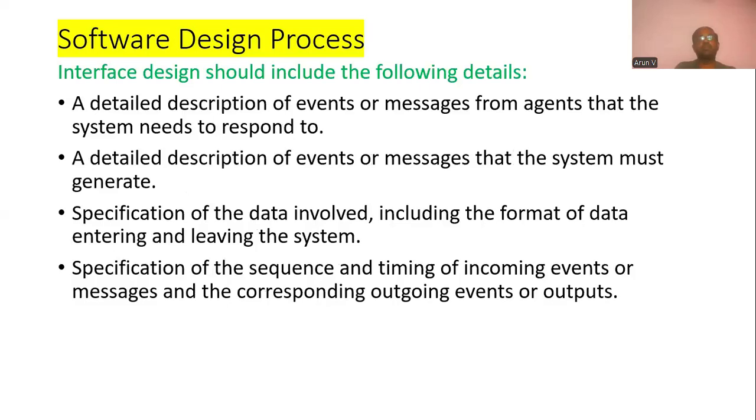Let us see the important things to be included during this phase. First, a detailed description of events or messages from the agent and how the system needs to respond. Second, a detailed description of events or messages the system must generate.